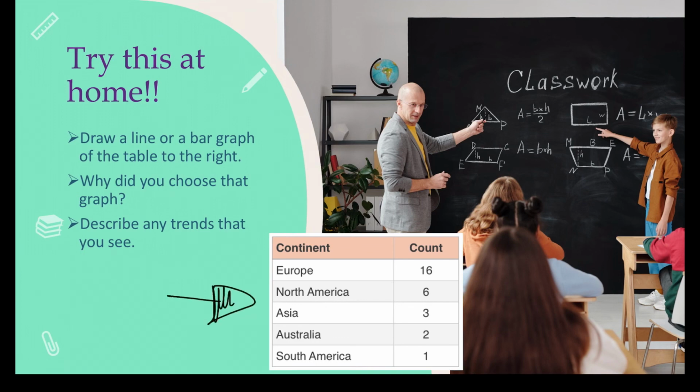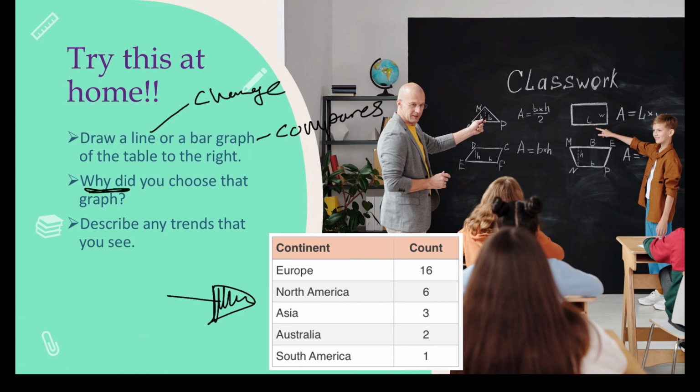Using this table, I want you to draw a line or a bar graph, and why did you choose that graph? Okay, then you're going to tell me any trends you see. So you need to decide whether it's a line graph, which measures change over time, or a bar graph, which compares things together.